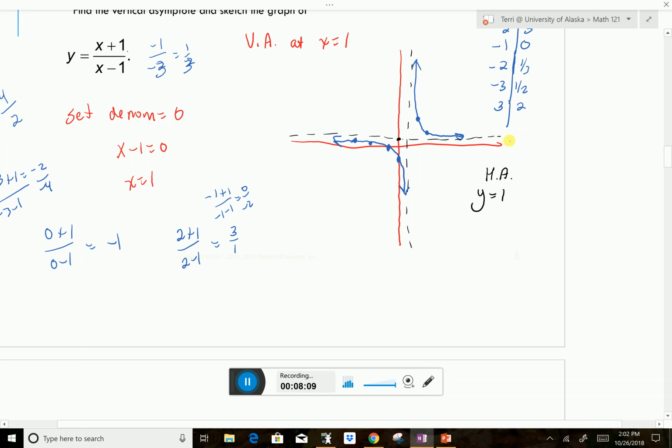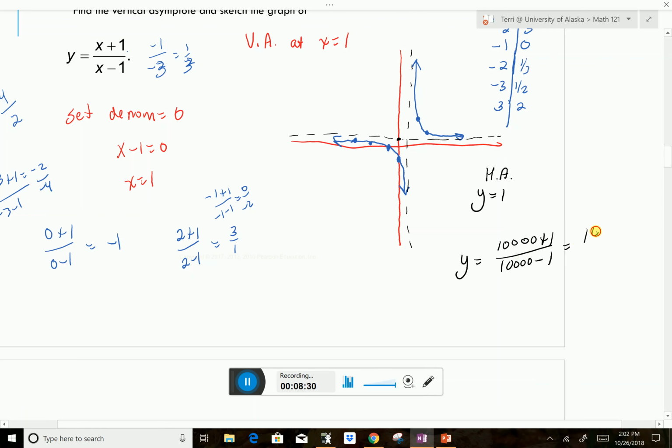The way you can find these is to put in really big numbers. What if x was a really big number, like 10,000? We'd have y equals 10,000 plus 1 over 10,000 minus 1.